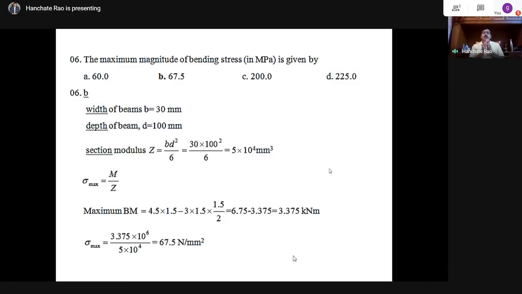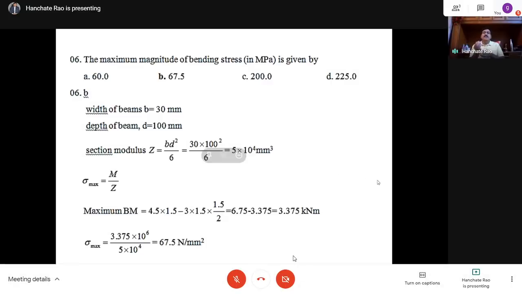All this is governed by the simple theory of bending. Please try to understand the concept, find the stress at any point in a beam, and design the structure accordingly.